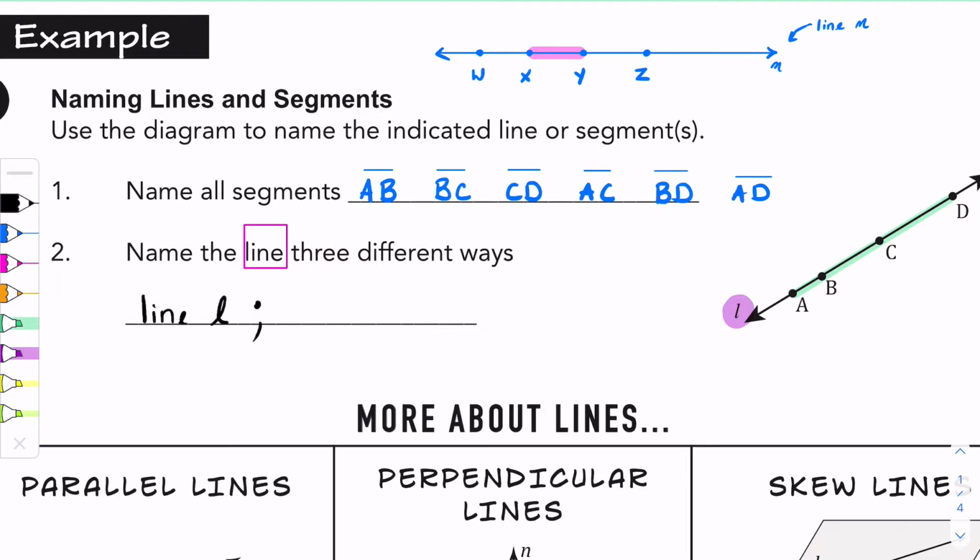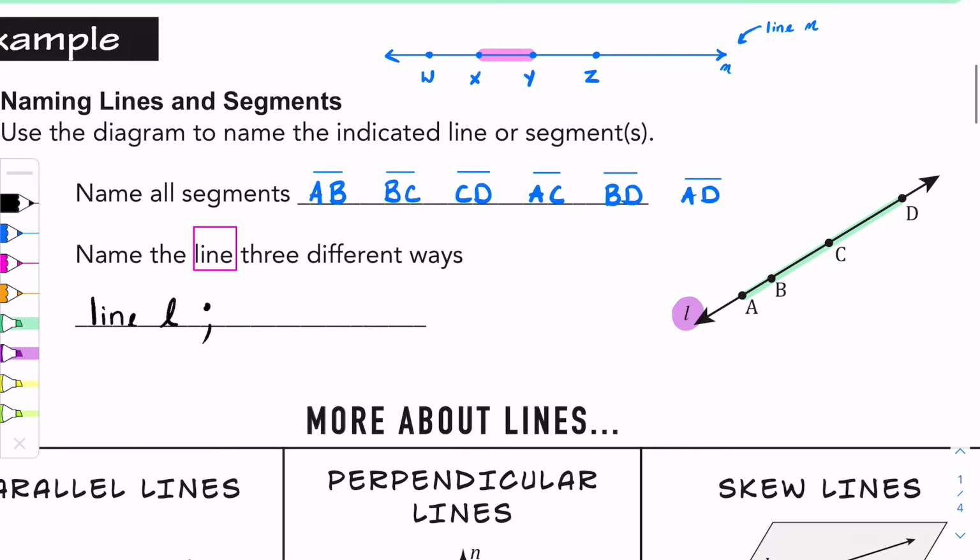I also can pick any 2 points on the line and I can label my line that way. So I'm going to pick points A and C. And let's label the line as AC. Make sure you use the correct notation above. AC with a line bar with arrows on each side above the letters.